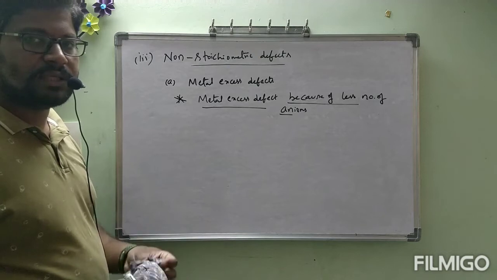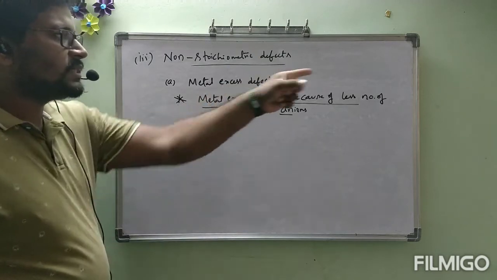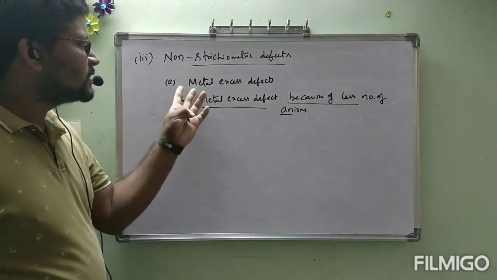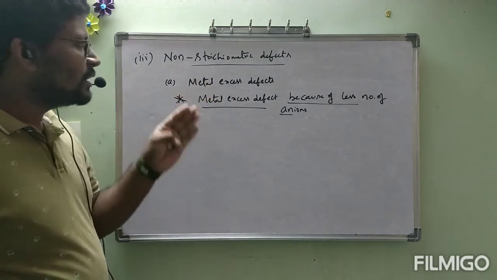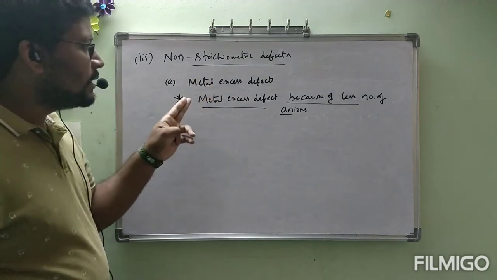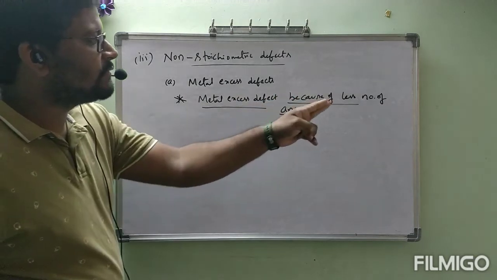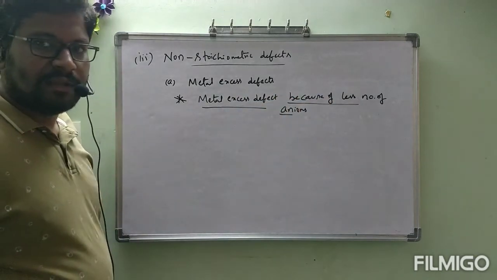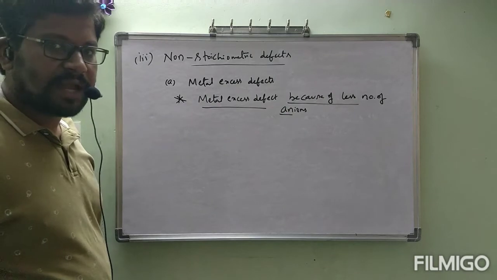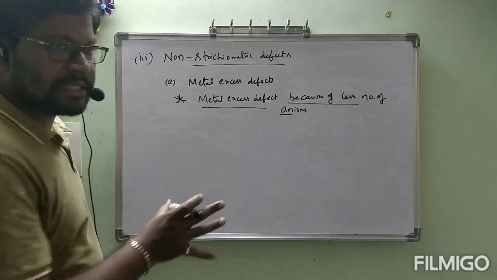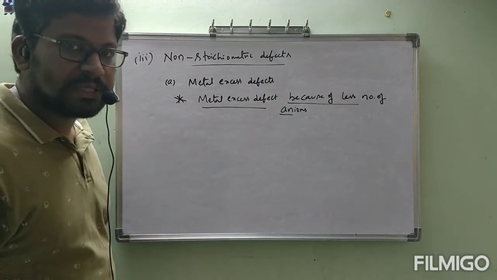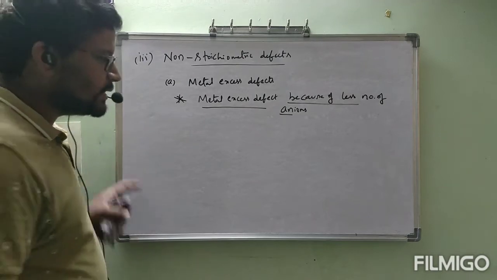Metal excess defects and metal deficiency defects. Now first I started with metal excess defects. Under this classification again, metal excess defect because of a smaller number of anions. By taking an example directly, we will see. That one we are doing artificially. Let us see.